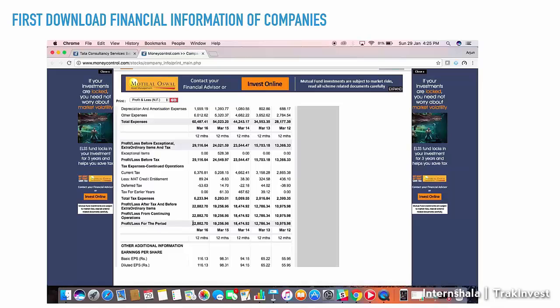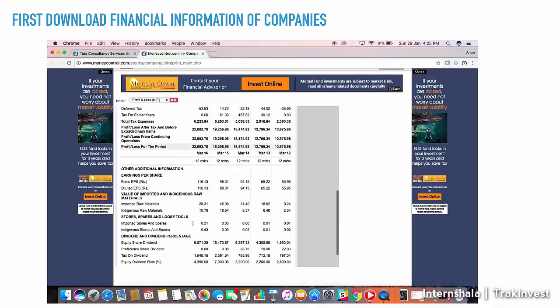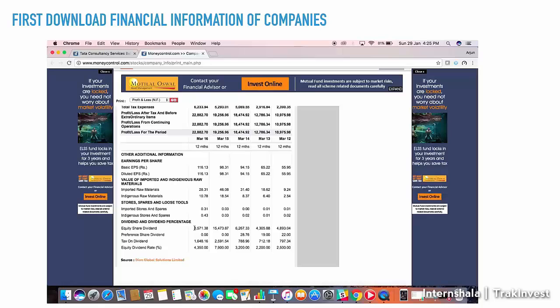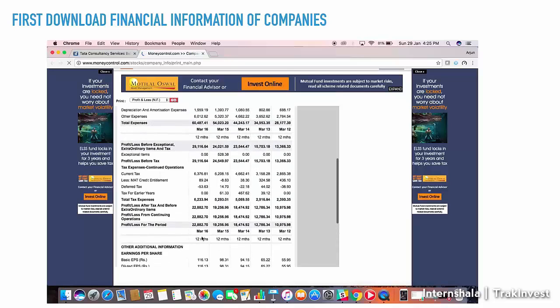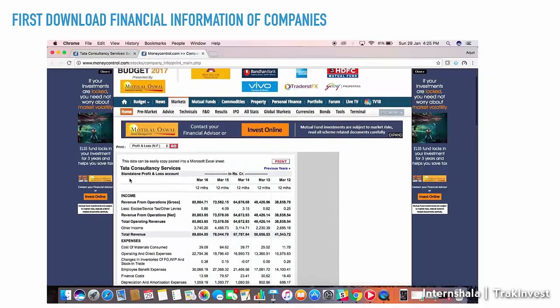So you can get the profit after tax, you can get the dividends, as shown over here. These are the key inputs for all your financial ratios. And as in the earlier case, you can also copy paste this entire information directly into an Excel and record it for future use.